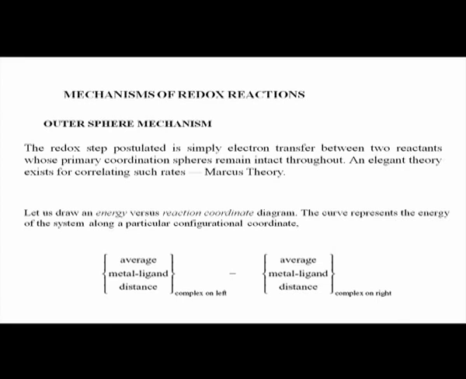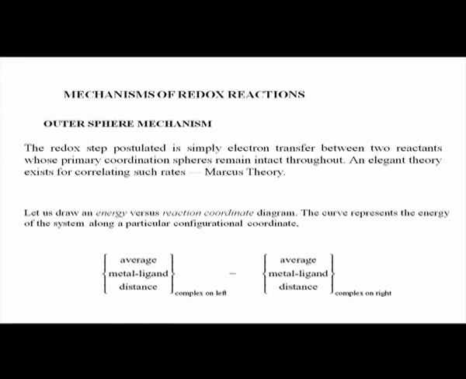The redox reaction is postulated as simply the electron transfer between two reactants whose primary coordination spheres remain intact throughout. An elegant theory based on this is the Marcus theory. So, the primary coordination sphere is not affected, only the outer part is affected. So, it is the outer sphere mechanism.